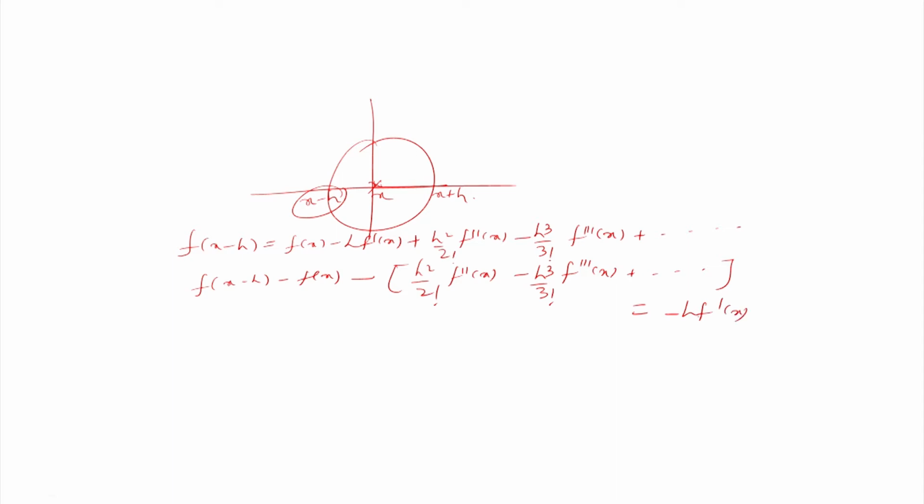If we change the sign on both sides, we can write f dash x as f of x minus f of x minus h divided by h plus order of h. This is specifically called the backward difference formulation.